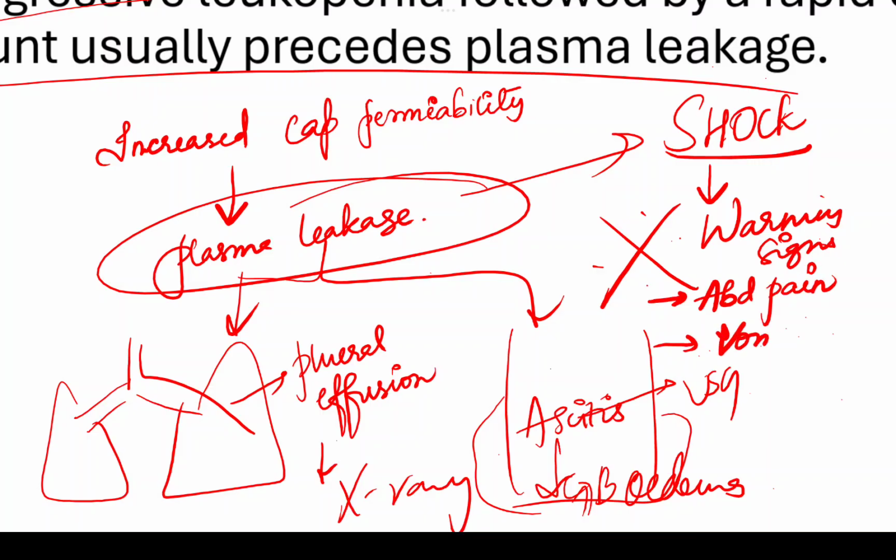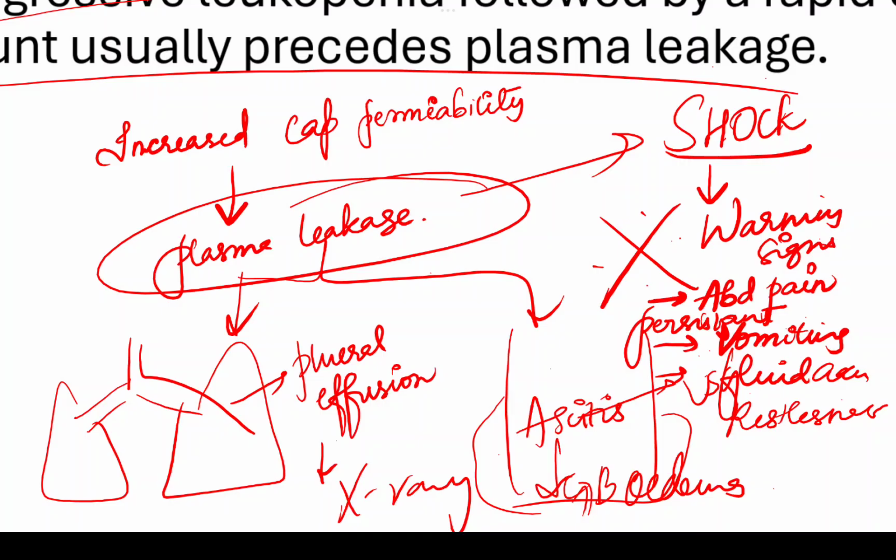The patient can have persistent vomiting. Clinical fluid accumulation can be seen. Restlessness, lethargy, the patient can become drowsy, and also liver enlargement, hepatomegaly, can be seen.